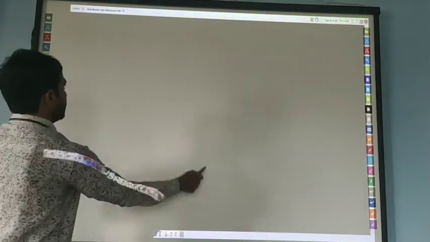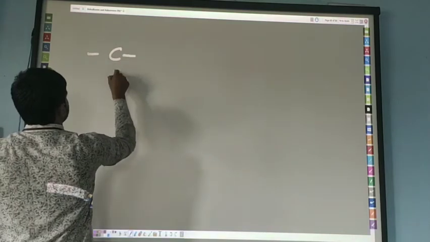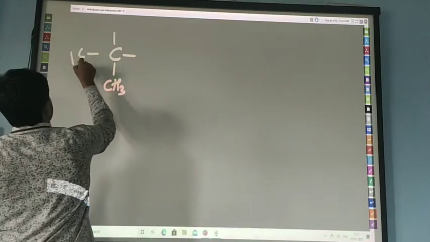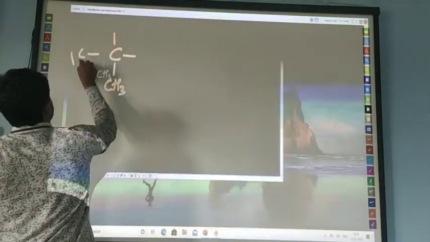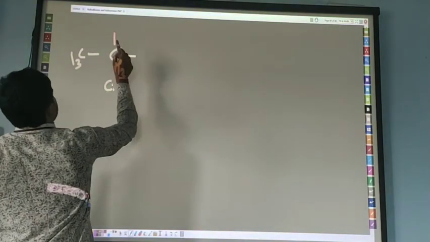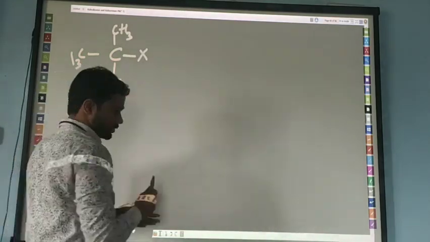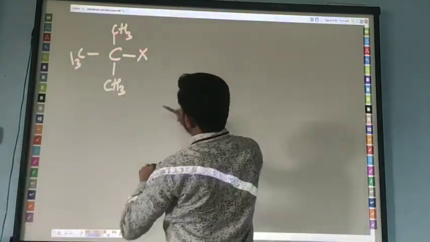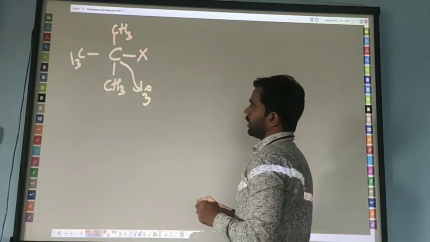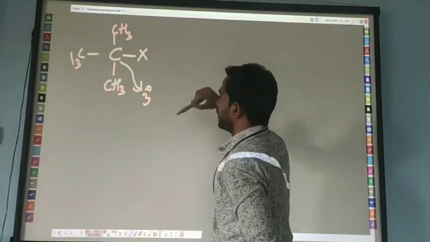Let me write the first one, a tertiary alkyl halide: a carbon with CH3, CH3, CH3, and the halogen present here. We already know this is a 3 degree or tertiary alkyl halide, because 3 carbons are bonded to this carbon.